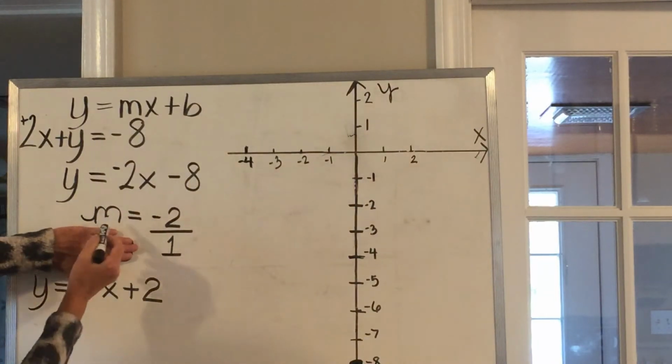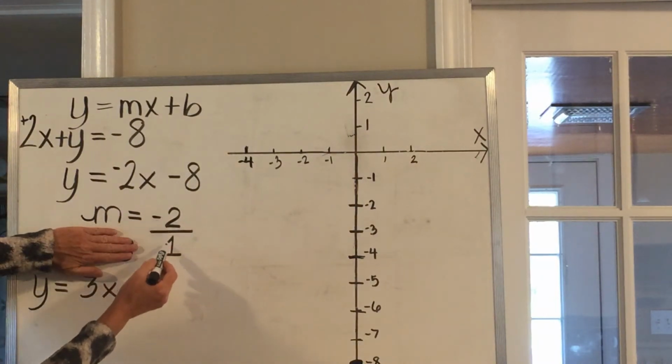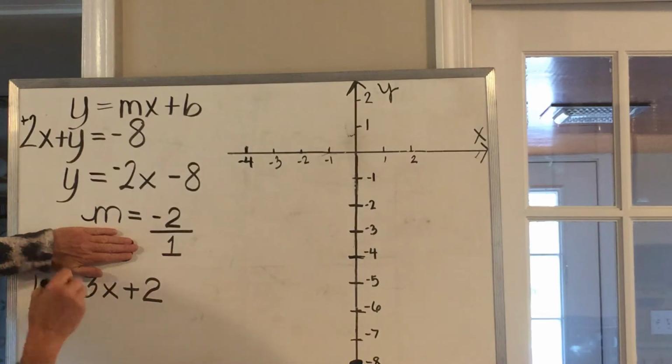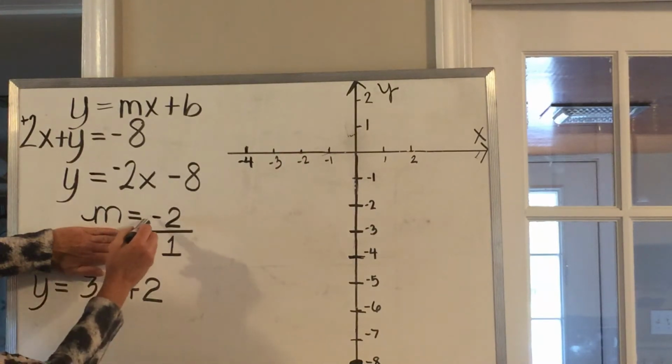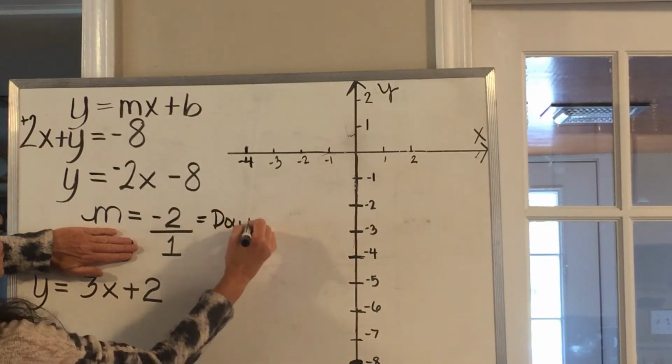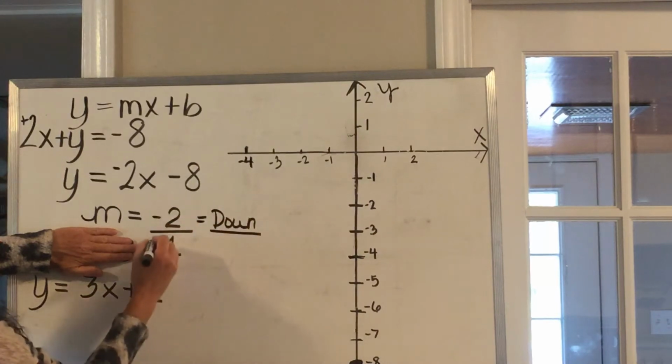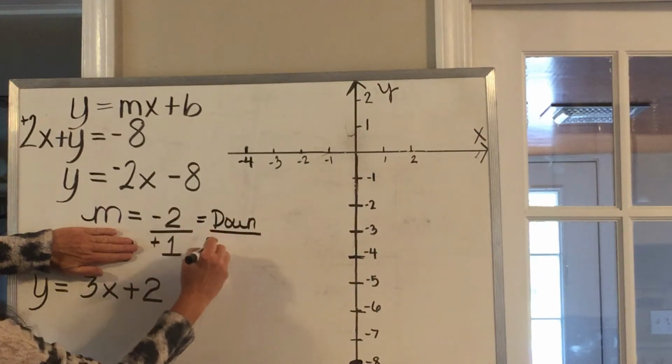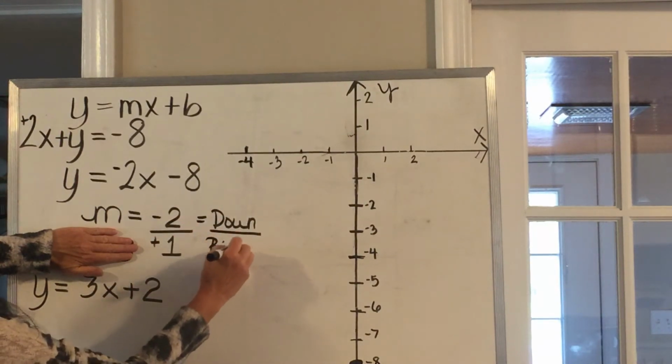Then you're going to use the other number, negative 2 over 1, to find the rest of your points. Now, listen to this. That's a negative 2, so that means go down 2. And that's a positive 1, so that means go right 1.